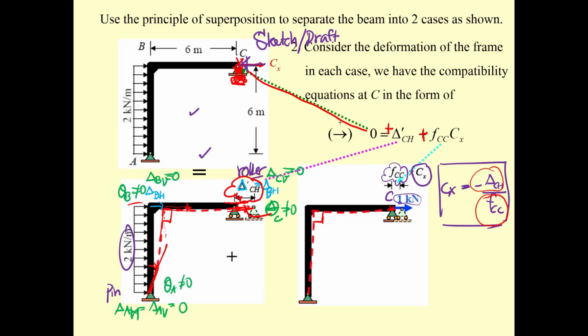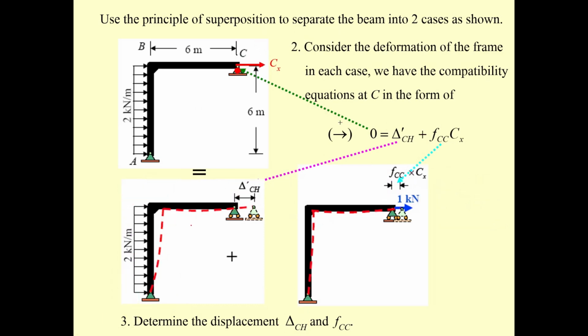Now, for this one, you have to start determining delta sub CH, which is going to be the fraction over here. This is on the method of virtual work. You put a 1.0 force into this frame.